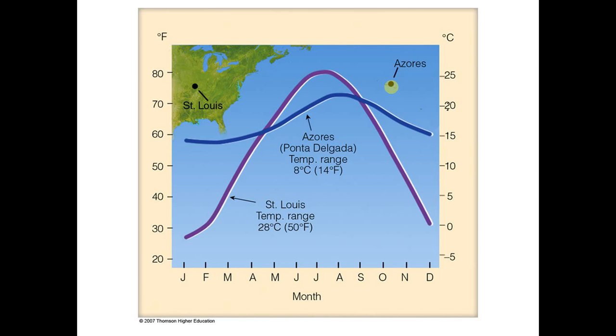Yet, they have a dramatically different yearly variation in temperature. Azores' annual temperature range, and these are for average monthly temperatures, is only 14 degrees Fahrenheit, whereas for St. Louis, it's 50 degrees Fahrenheit, over 3 times as great.